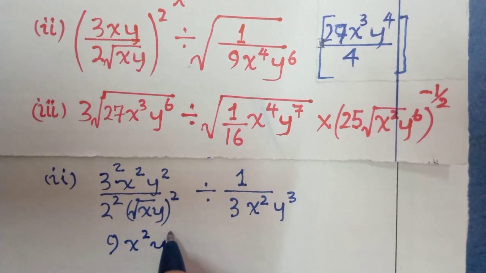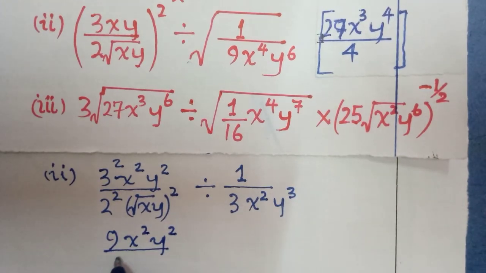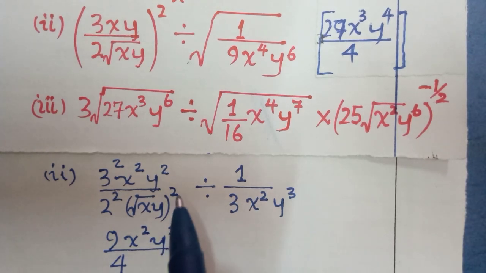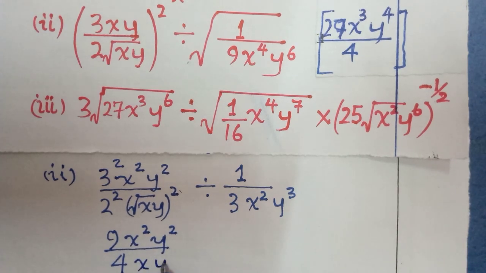Then y squared all over 2 squared is 4. When you square a square root, you actually remove it, because it's like saying a half multiplied by 2. That is 2 multiplied by a half, you get 1. So this one will now be xy, like that.